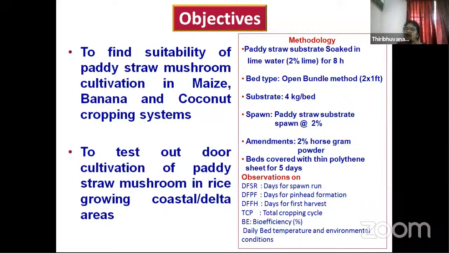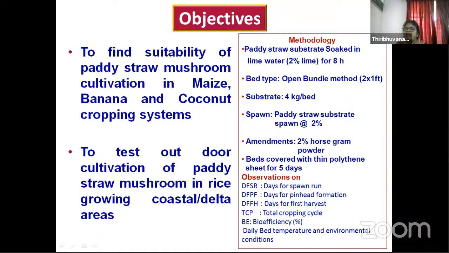The spawn is prepared on paddy straw itself, so that easy colonization occurs. In Bhubaneswar and Chhattisgarh, they use wheat and rice based spawn. Even though we tried many other spawns, we found this paddy straw spawn quite suitable because it easily colonizes. We use the spawn at the rate of 2%, amended with a little horse gram powder, and then the beds are covered with thin polythene sheets for 5 days.